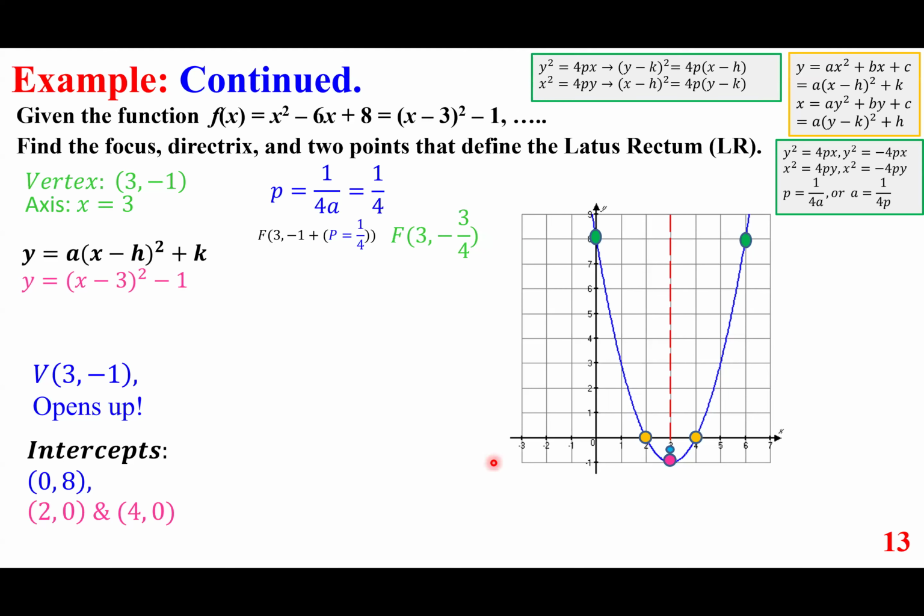The directrix, as I mentioned, is below it. And the formula, let me just write this. For the axis of symmetry, x equals 3. For the directrix, y equals something. And where you want to write y, you look at the y coordinate of the vertex.